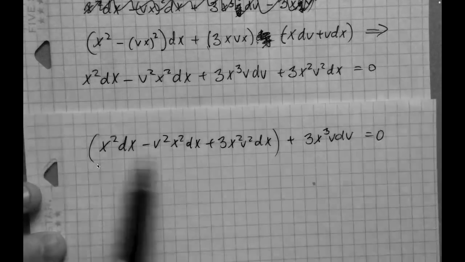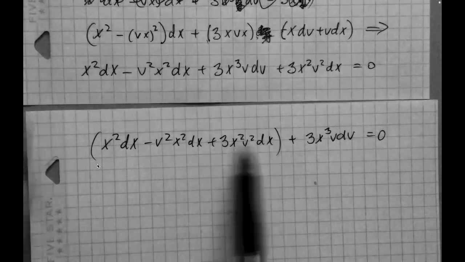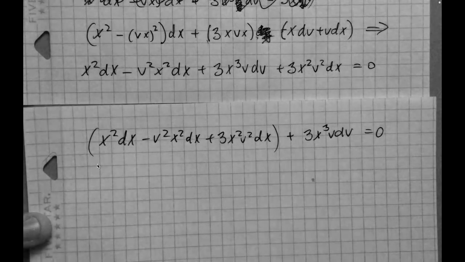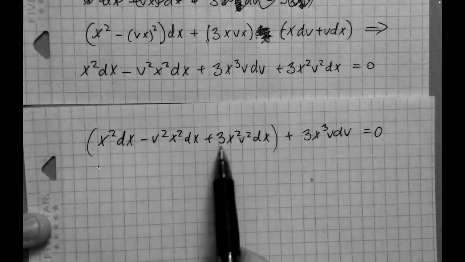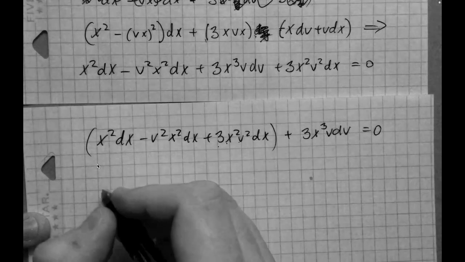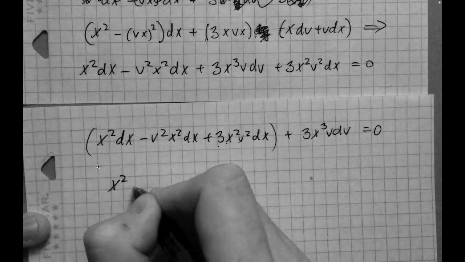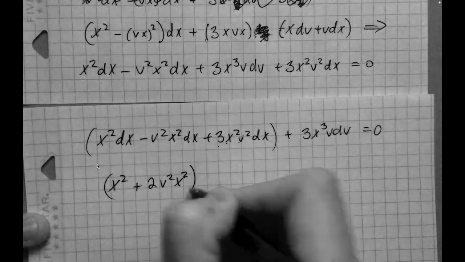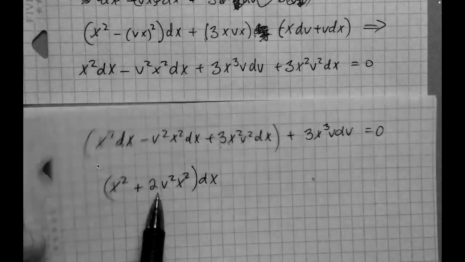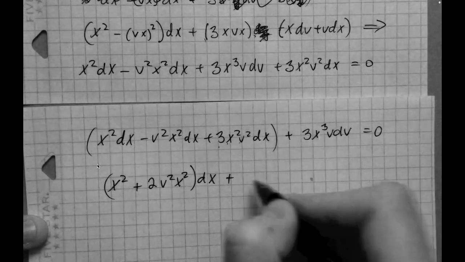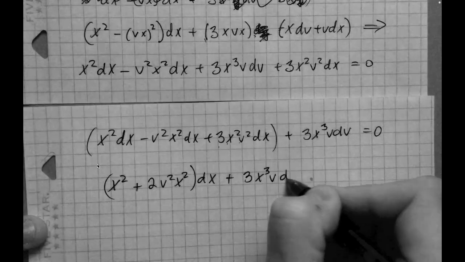Well, I want to think of those as being together because that's where the dx factor is located. And so we can factor all of that out and do some combining too. So this is x squared v squared, this is also x squared v squared. So I get x squared plus 2v squared x squared times dx plus this thing over here, which is 3x cubed v dv.